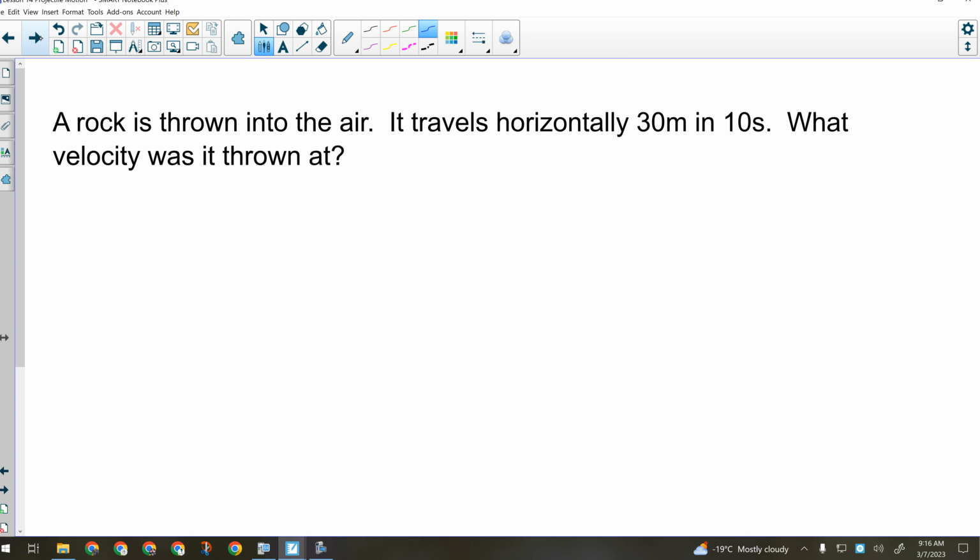This one's trickier. You're looking for the velocity it was thrown at. And I will tell you that there is a bit of an algebra trick to this one.